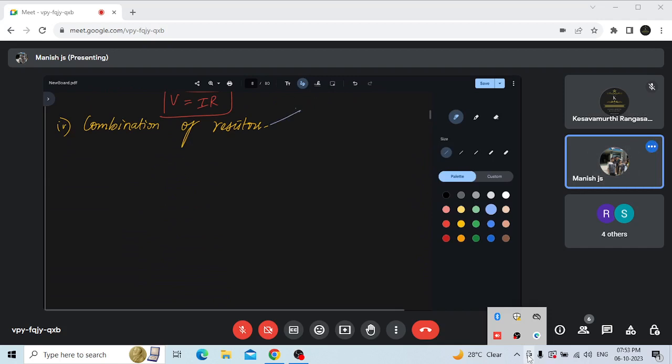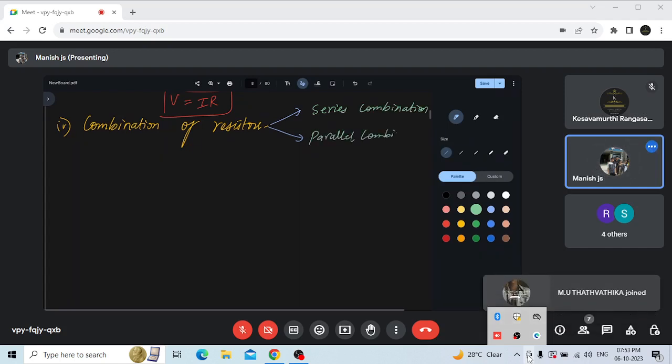Okay. So resistors can be connected or combined in two basic ways. They are called series combination. The second one is called parallel combination.